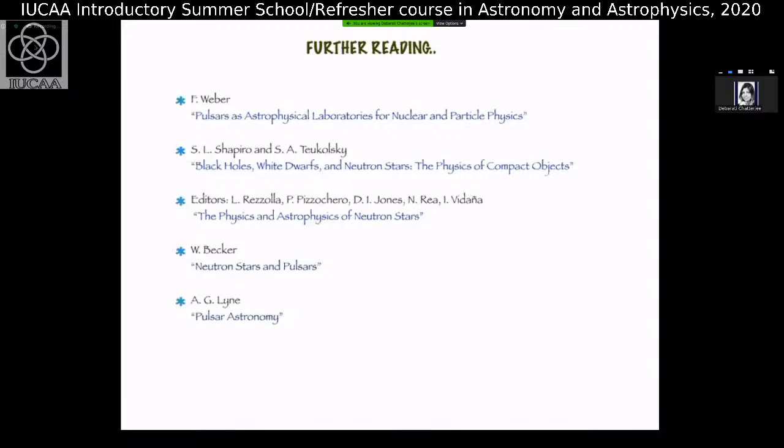So within a very short time, the temperature drops to about a few MeV. And this is actually very low temperature compared to the excitation energies of the particles. So in effect, we consider neutron stars to be zero temperature systems.